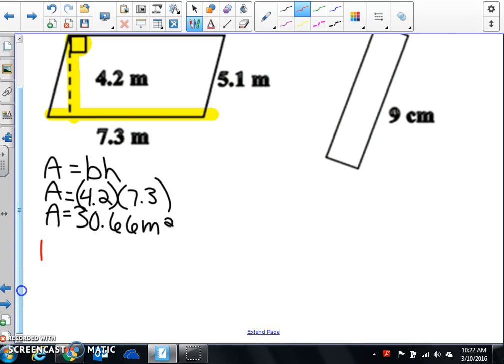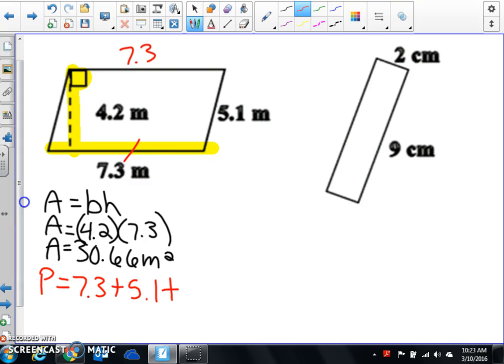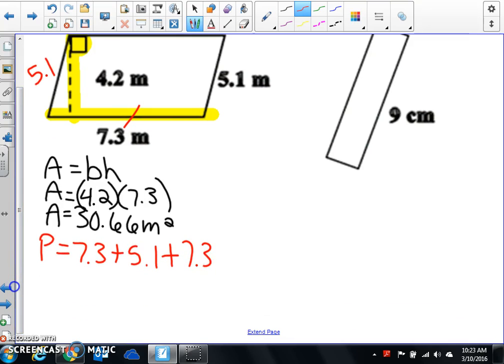The perimeter is the outside. So 7.3 plus 5.1 plus, this has to be 7.3 and this has to be 5.1. So plus 7.3 plus 5.1. And that gives us 24.8 meters.